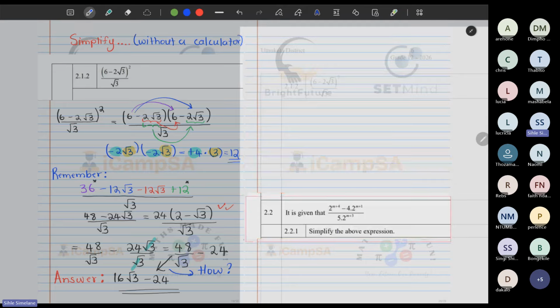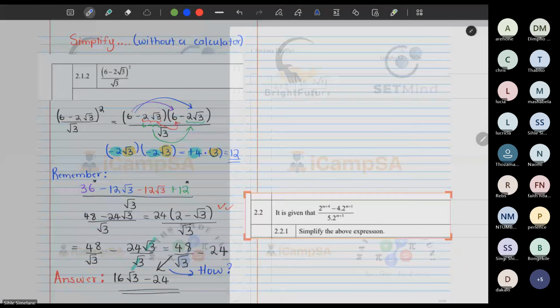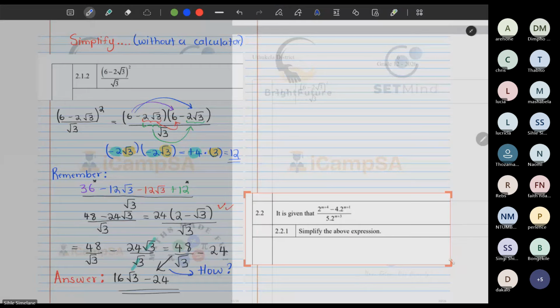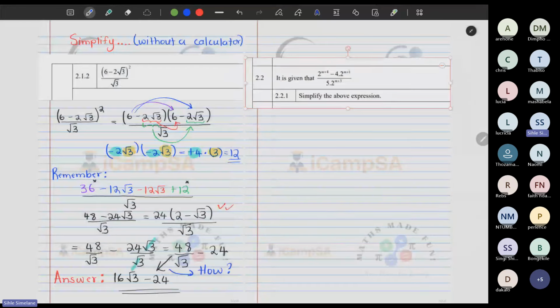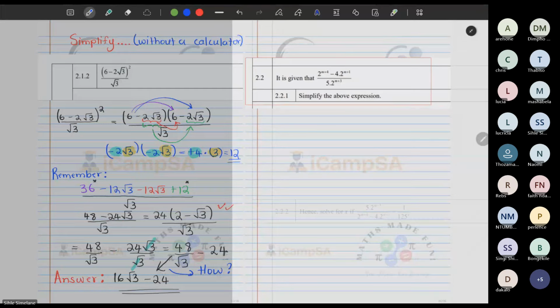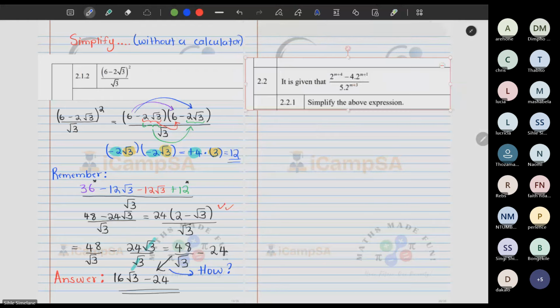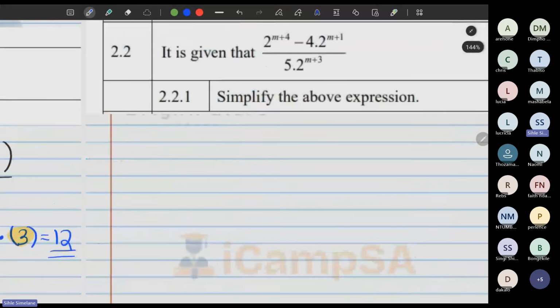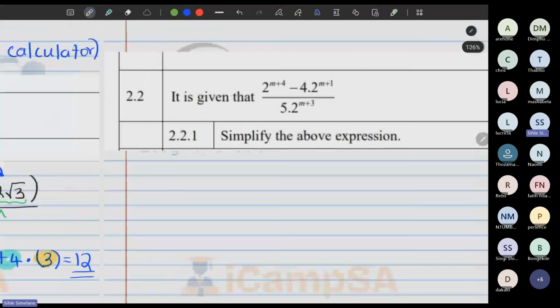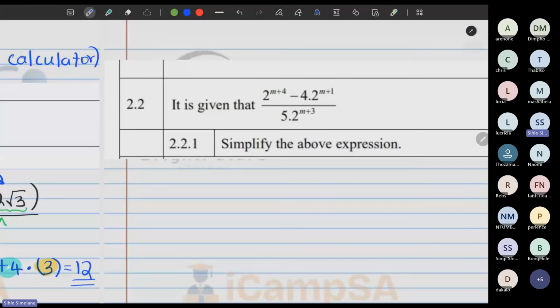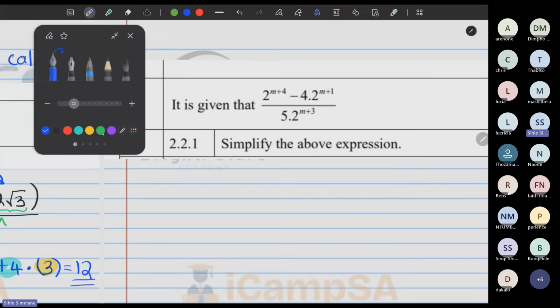Okay, we need to simplify that. The first thing, guys, that we need to do here, we need to simplify, obviously, without using a calculator. I need us to talk about the bases.